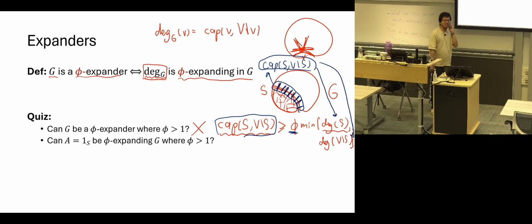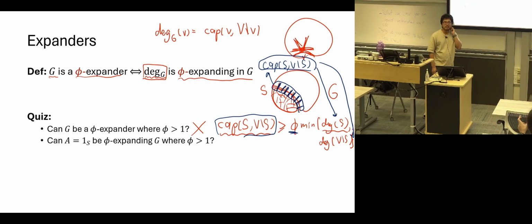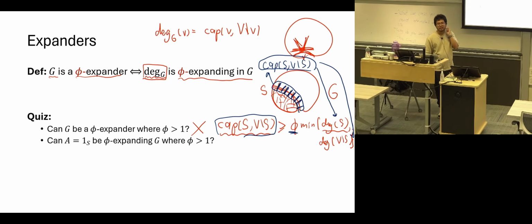Okay, why do you think so? I think that if you have a relatively small set that is well connected to everything in the other set, then that should produce a small A of S, but it should have a very high capacity. Good. Yeah, let's look at this example.